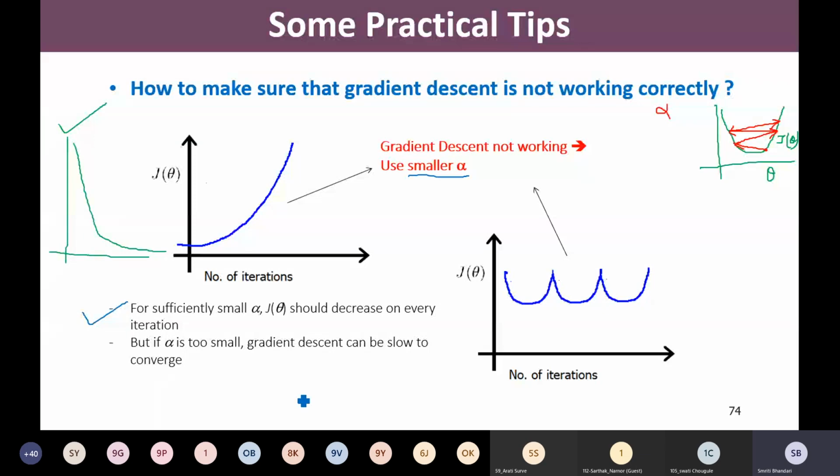But if our alpha is too small, then obviously gradient descent would be slower. So it will take much more time to reach my global minima, right? So if alpha is too small, gradient descent can be slow.